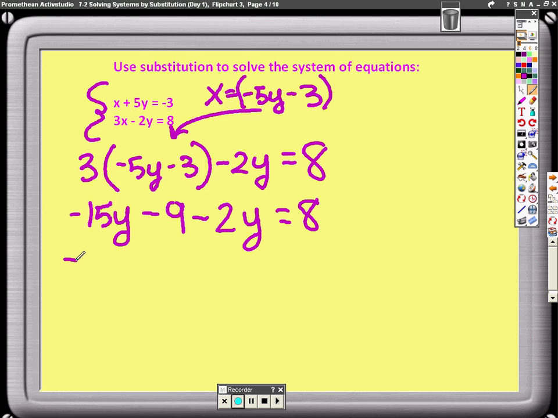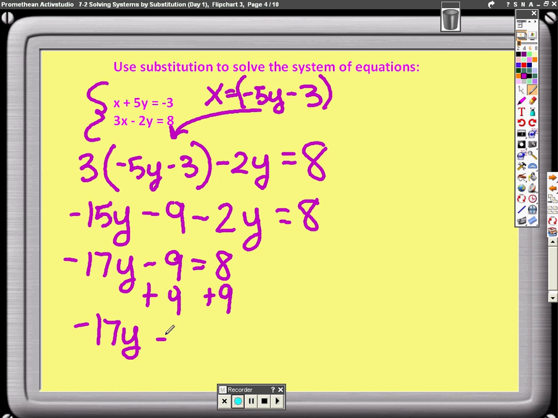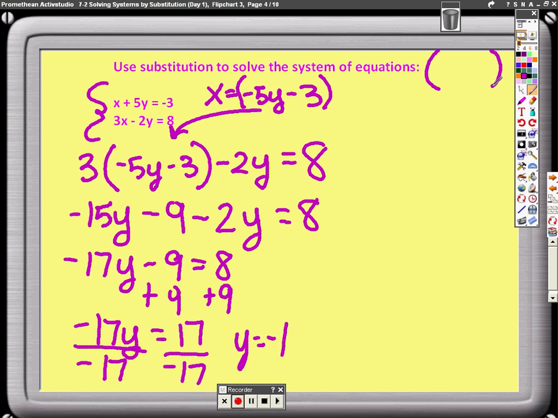I have to combine like terms. Okay, and then I'm going to add 9 and divide by negative 17. And I end up with y equals negative 1. And there's my y coordinate.